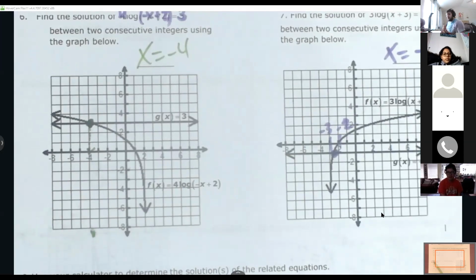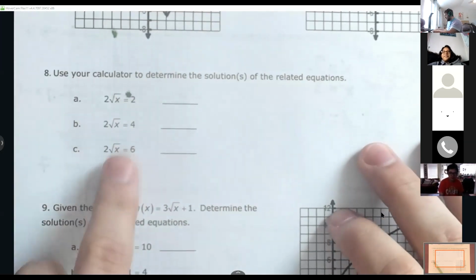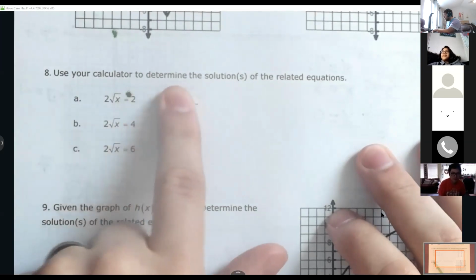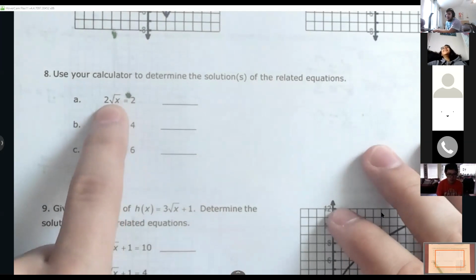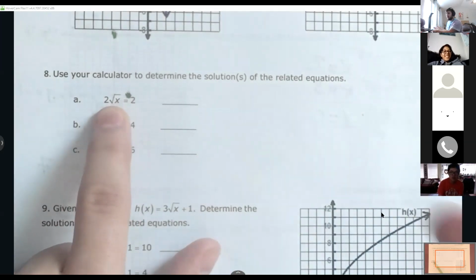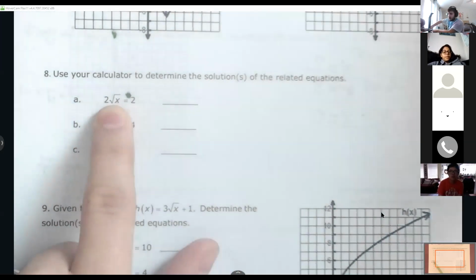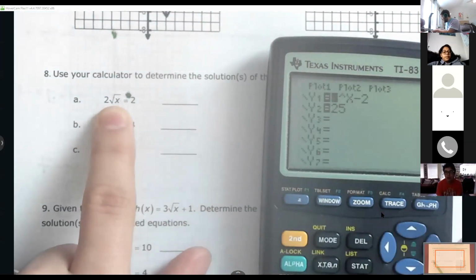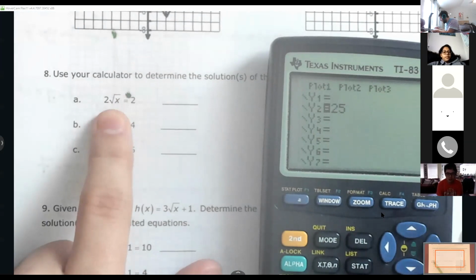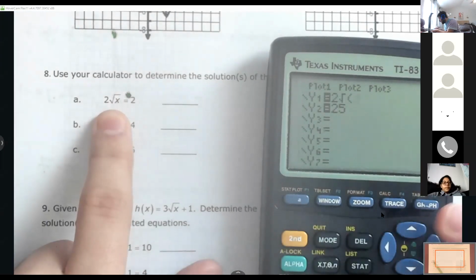Okay, let me show you how about these ones. When we have stuff like this, use your calculator to determine the solutions of the related equations. So we have an equation that looks kind of scary, one we've never really solved before, but we can use our calculator to help us out. We go in here just like normal, y1 being the left side, 2 square root x.